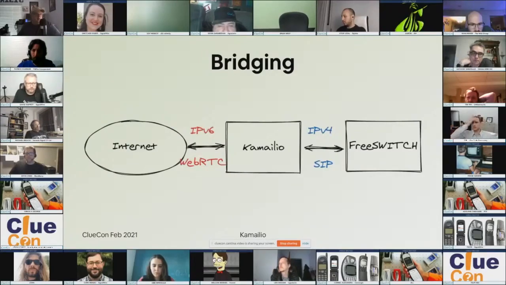And you can also do that with IPv6. An IPv6 call comes in, Commonilio sends it to FreeSwitch via IPv4. Could also be WebRTC to Commonilio, and then SIP to FreeSwitch. Just allowing you to keep your FreeSwitch as simple as you can handle.